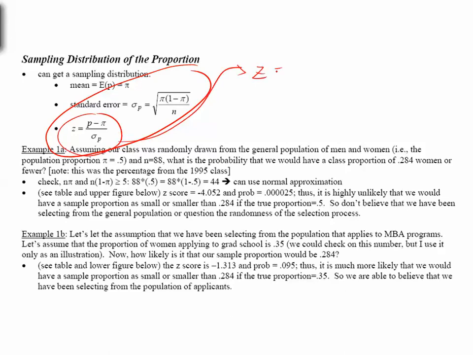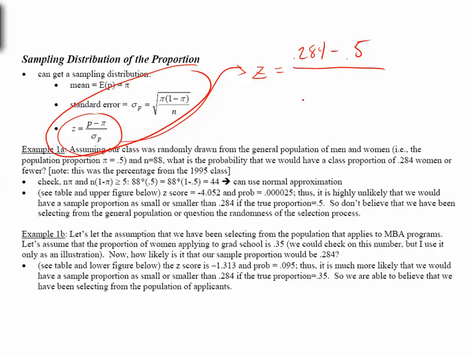So the z-score would be our sample proportion, which is 0.284, minus our expected proportion, which is 0.5, and then we need to divide by the standard error of the proportion. And this is where proportion calculations are a little bit different.